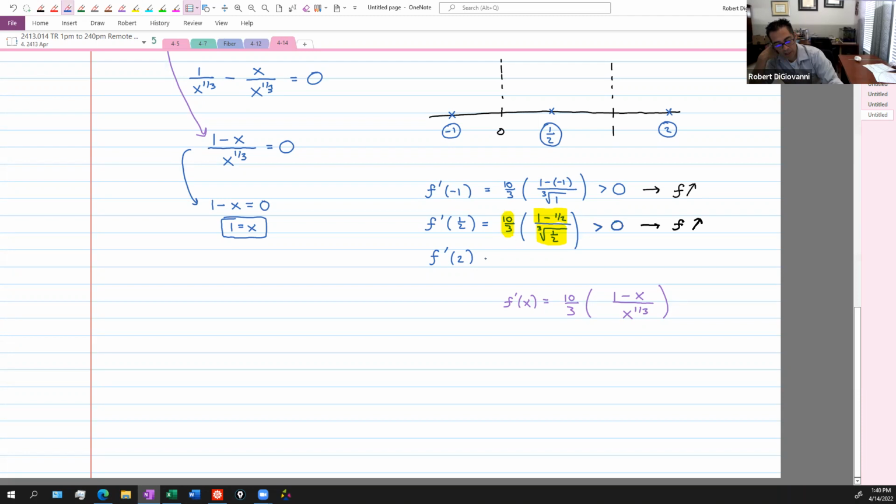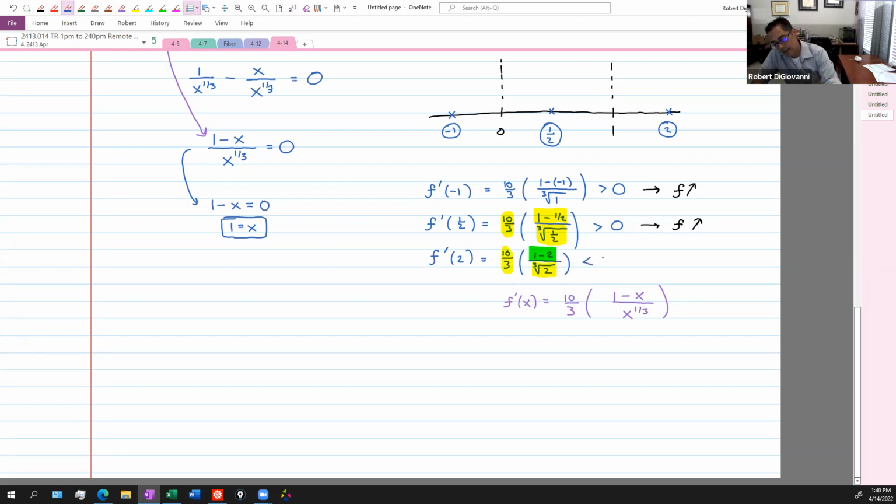And then we plug in 2. 1 minus 2 over the cube root of 2. And notice here that 1 minus 2, that's a negative number. And then everything in yellow is a positive number. So you have a negative divided by a positive, that's going to be negative, and then multiply times a positive again, you should be negative.